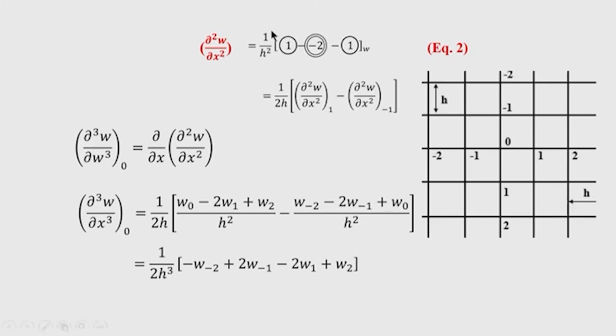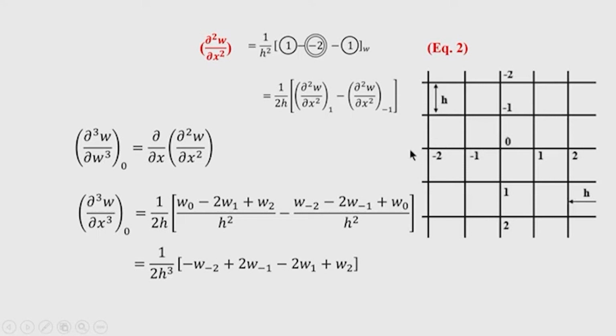Let us now calculate the third derivative. Once this is known, we can make use of this equation and again take the rate of change. So del square w by del x square now can be written, because at the 2 points if you consider covering say 0, 1 and 2 in the forward direction, and the other quantity in the backward direction.